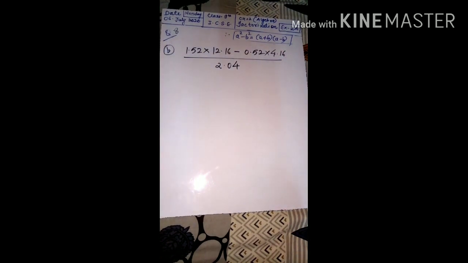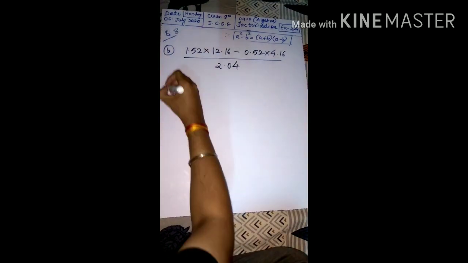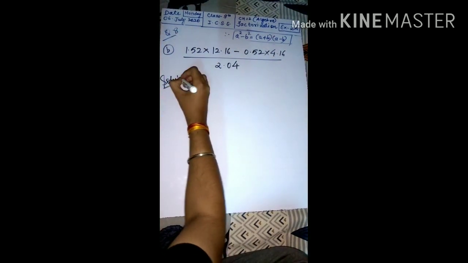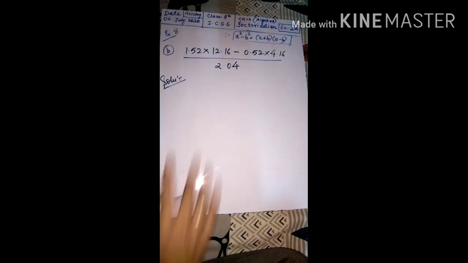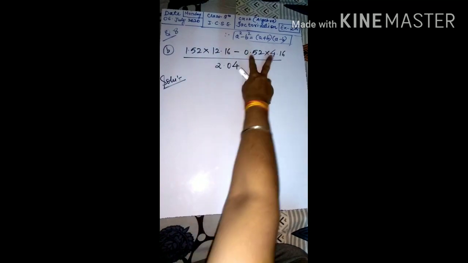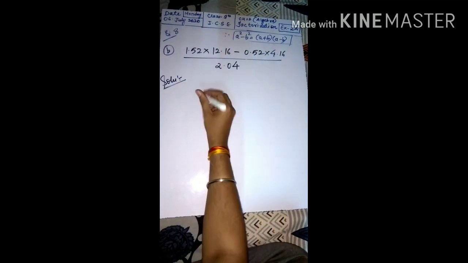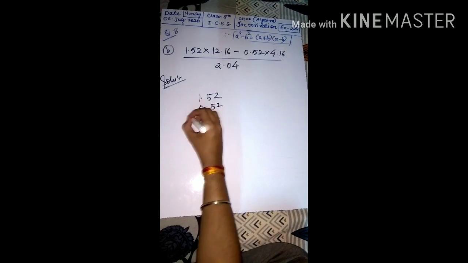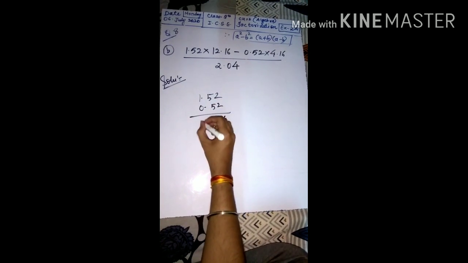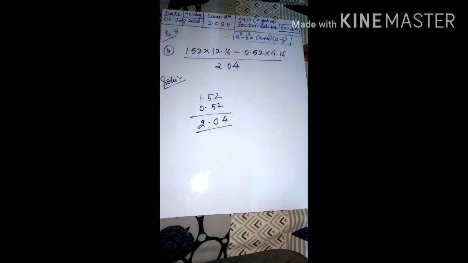Okay, let us do the 8th B question. We have to evaluate, to find the value of this. So how can we find that? We need to use an identity in it, so before using the identity, we need to mold this question. As we see, we have 1.52 and 0.52, and when I add these two, I get 2.04, which is in the denominator.